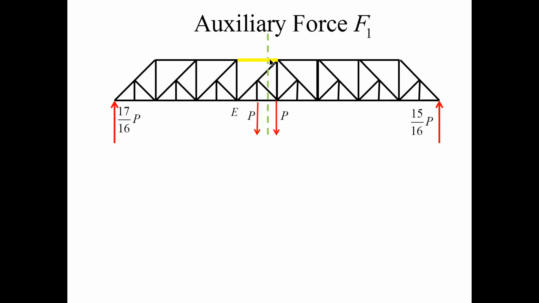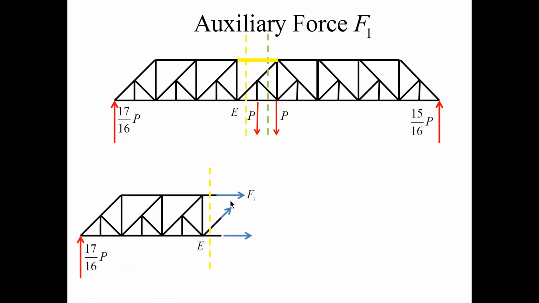Now, to determine this force, I can make an additional cut shown in yellow, and now you can see that the new cut cuts through 3 bars, and therefore we can look at the free body diagram and write down 3 equations for 3 unknowns.